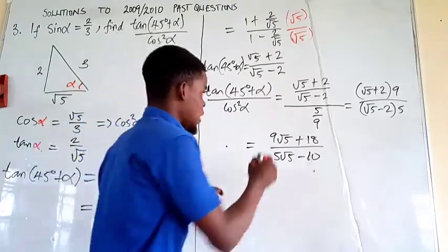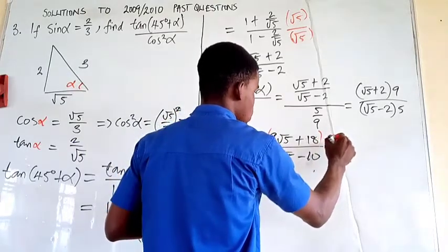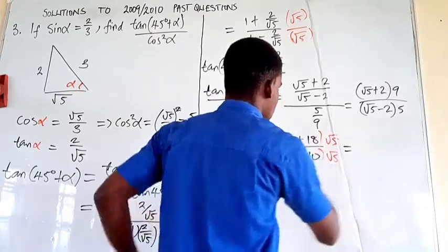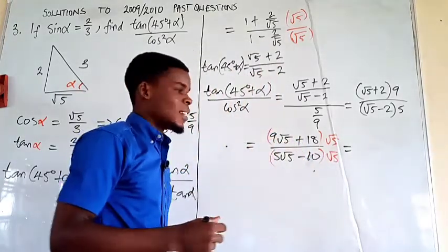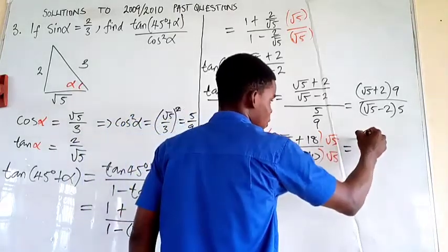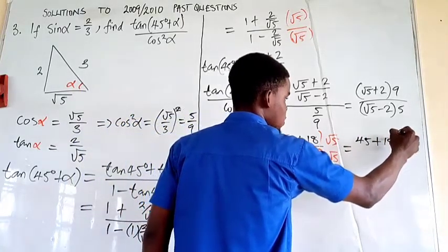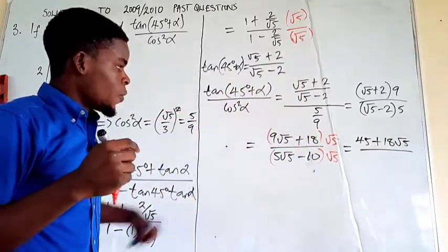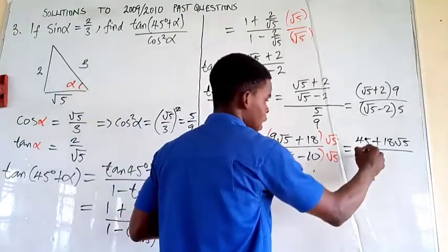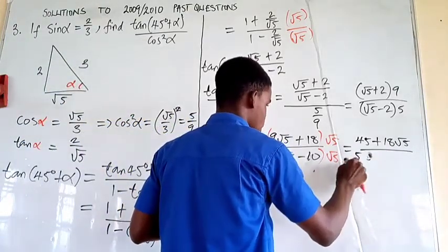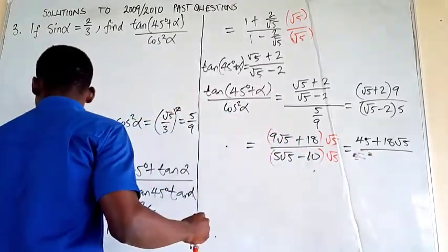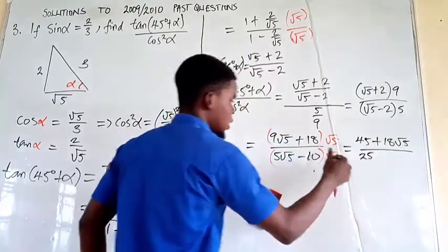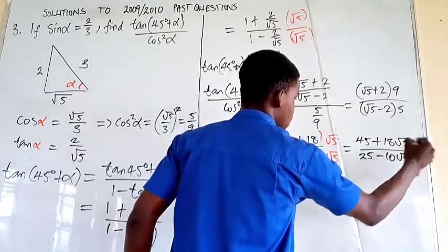Or even if you want to multiply by root 5 over 2 again, top and bottom, let me just see what we can get. This will also give us 9 root 5 times root 5, which is 9 times 5, that is 45, plus 18 root 5, divided by 5 root 5 times root 5, which is 5 times 5, that is 25, then minus 10 root 5.